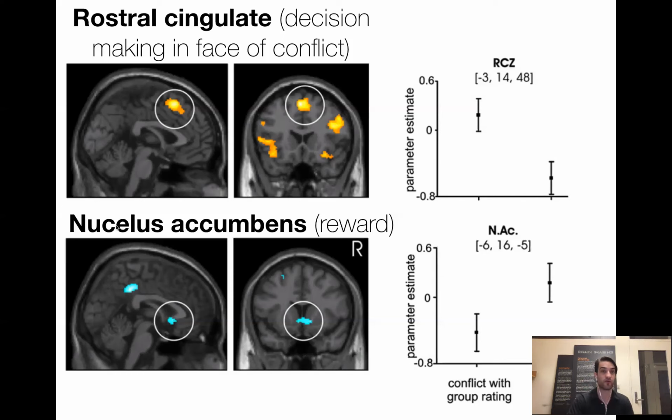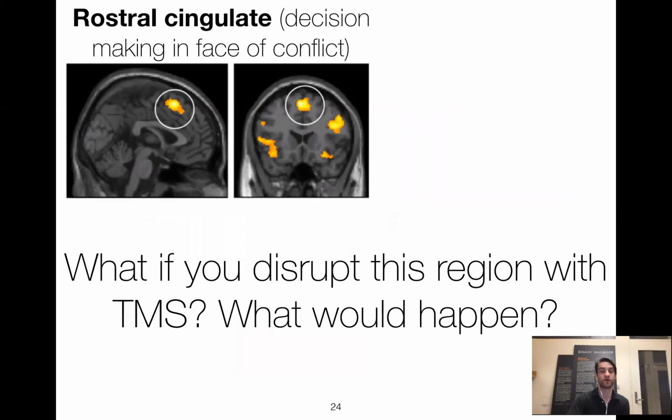You can't really get all the way into that part of the cortex. So the nucleus accumbens, because of the limitations of TMS, is just not a region that you're going to be able to actually reach. The rostral cingulate is close enough to the surface that you have some hope that you can potentially reach it. So they're going to focus on that one to see what's going to happen in this particular task with group ratings of attractiveness as you apply TMS, okay?